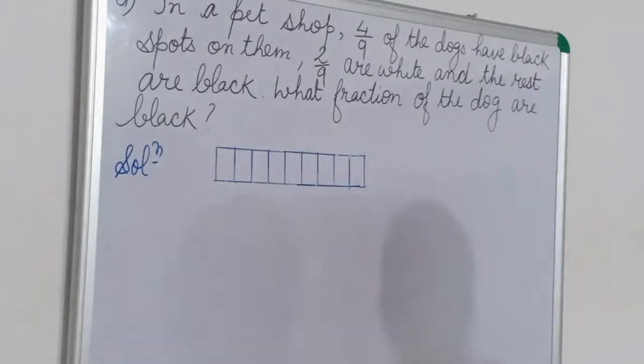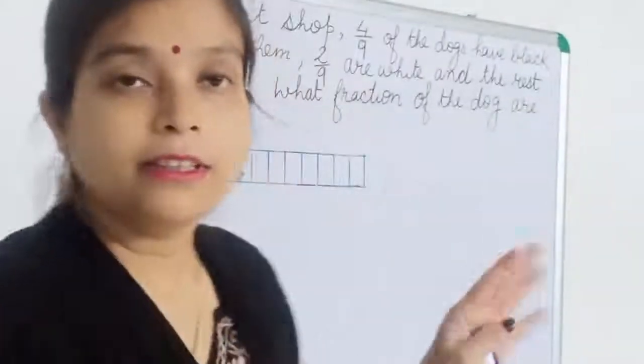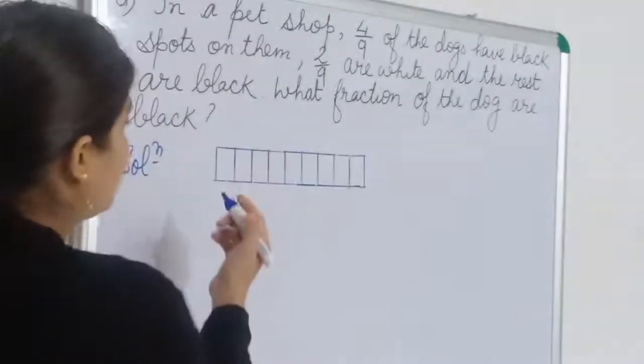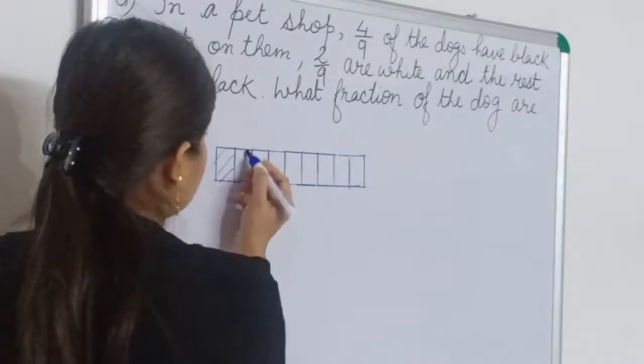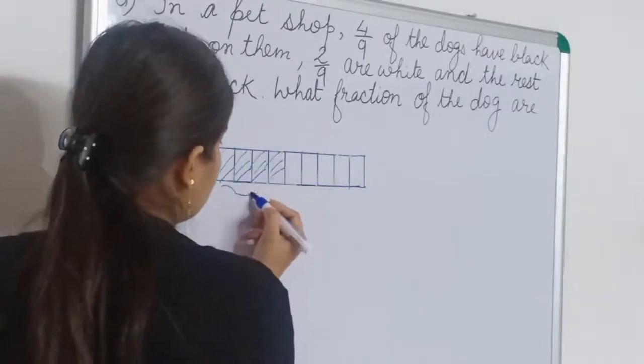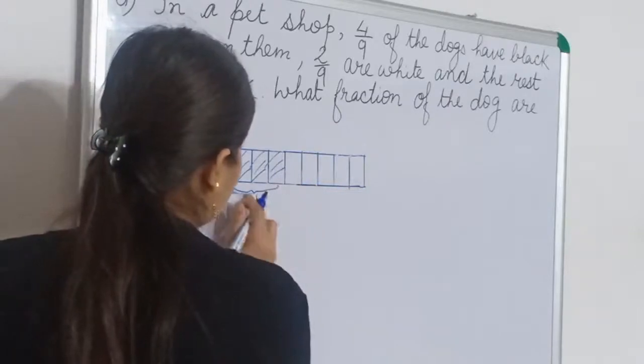Now it is said that some dogs have black spots. How many dogs have black spots? These are the dogs with black spots on them. How much? 4 by 9. 1, 2, 3, 4. This many dogs have black spots on them.